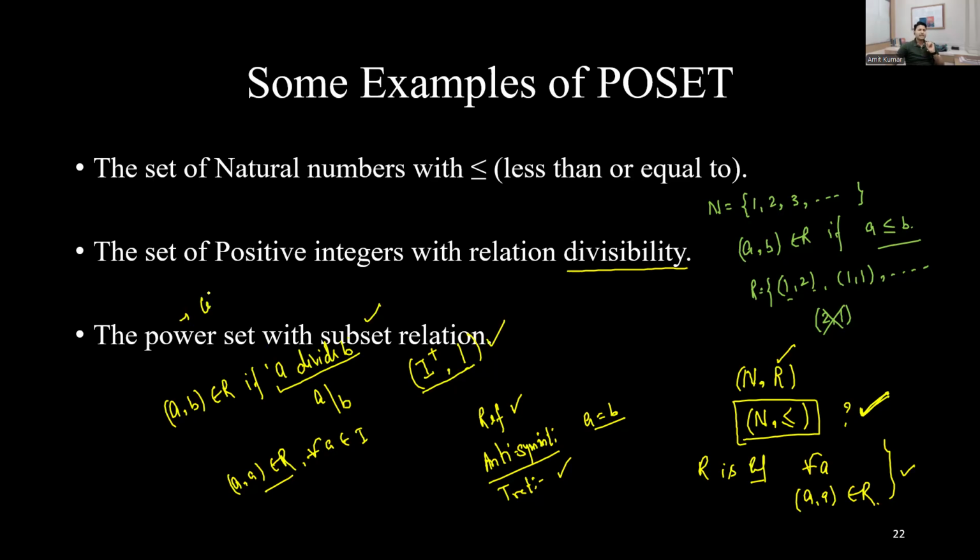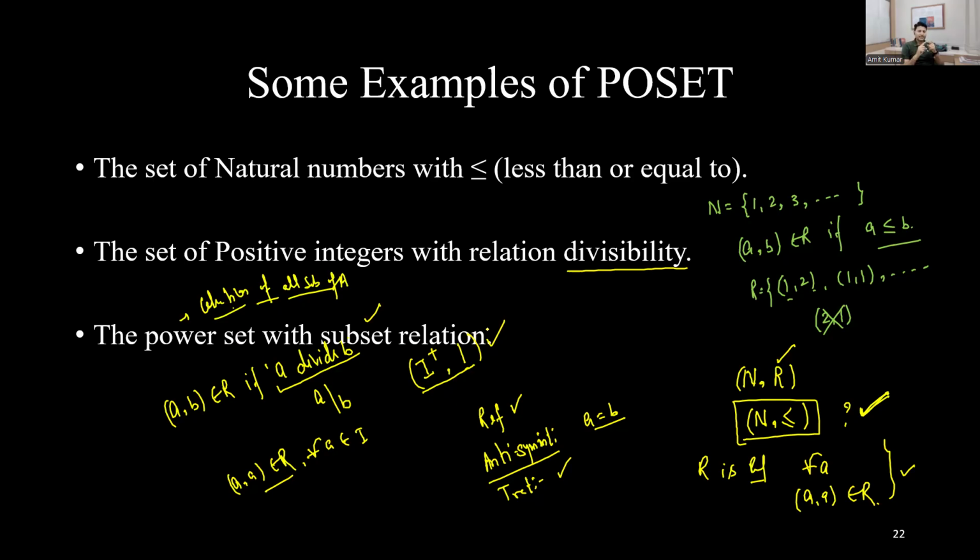A power set is the collection of all the subsets of a set A. So you can take the power set and think of the subset operation. A is said to be a subset of B if every element of A is in B.